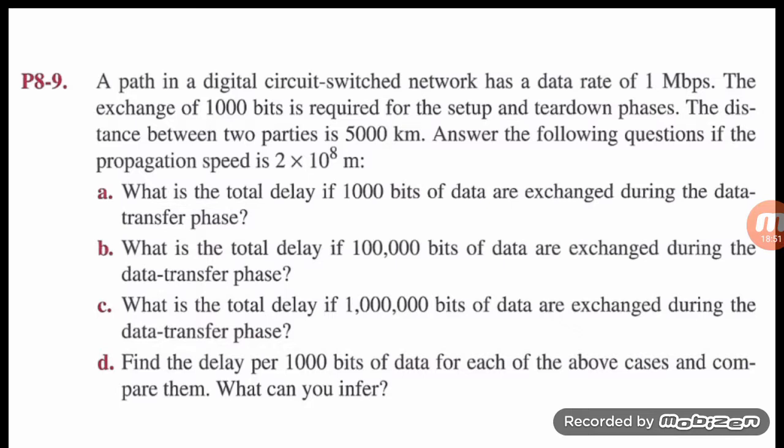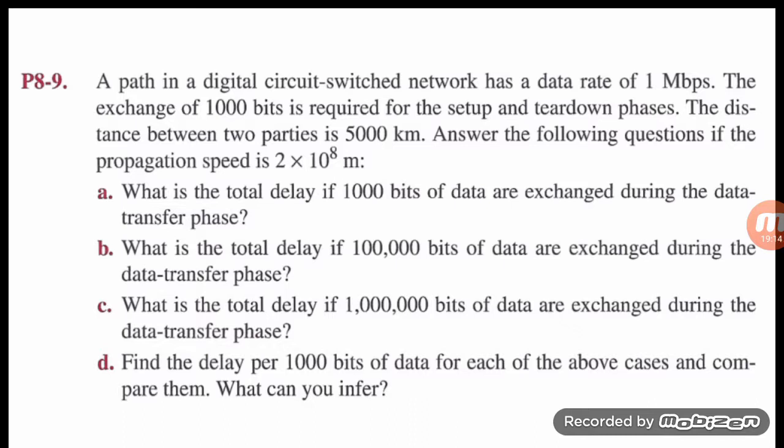When it goes up, it becomes 10 to the power minus 6. Minus 6 plus 3 is minus 3. So 5 by 2 is 2.5. So it is 2 into 2.5 multiplied by 10 to the power minus 2, plus 10 to the power minus 3.